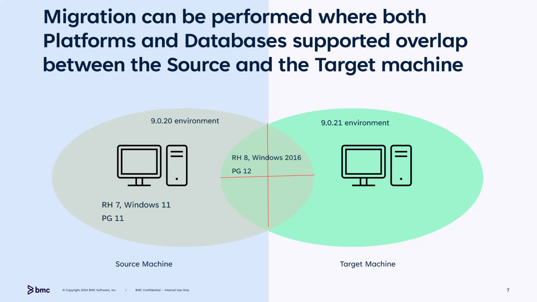Since we're migrating first and installing Control-M 9.0.20 on the target machine, the highest supported version for 9.0.20 on the target machine is Red Hat 8, and the highest Postgres database version on the target machine can be PG12. If you select this option, then after migration, your 9.0.21 environment will be Red Hat 8 and PG12. If this matches the platform of your final environment, then option 1 is for you.